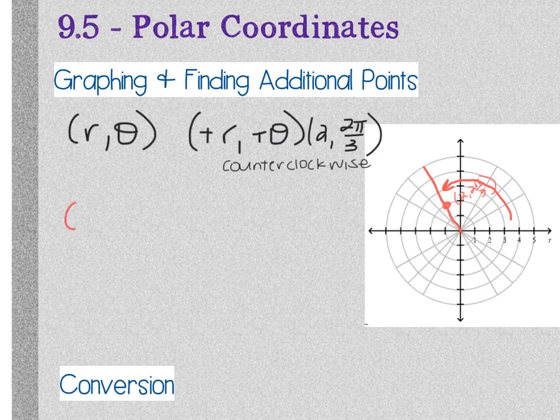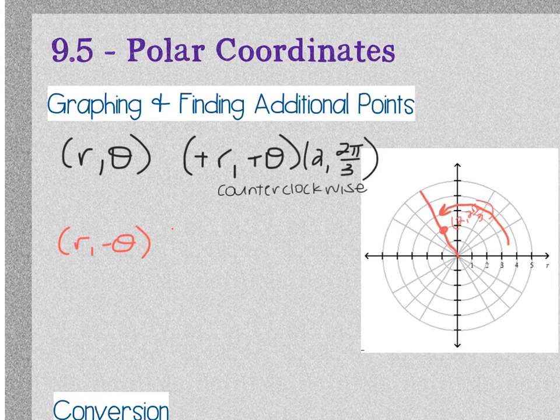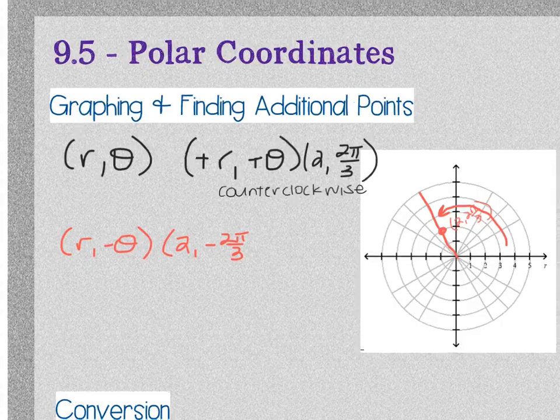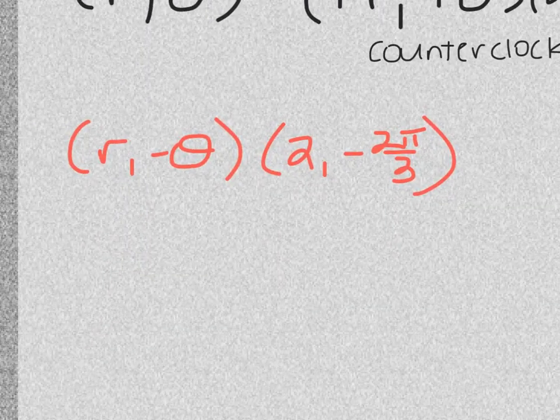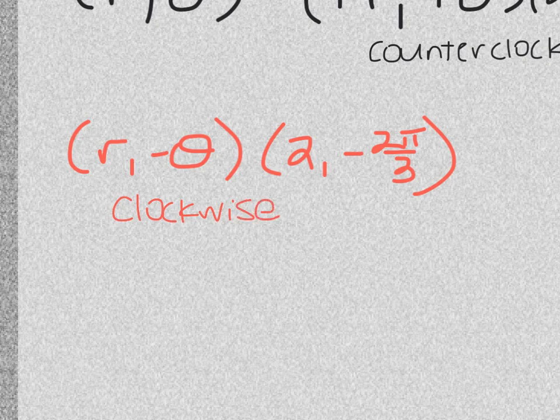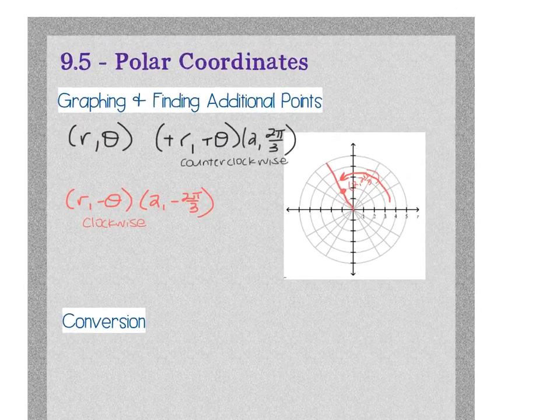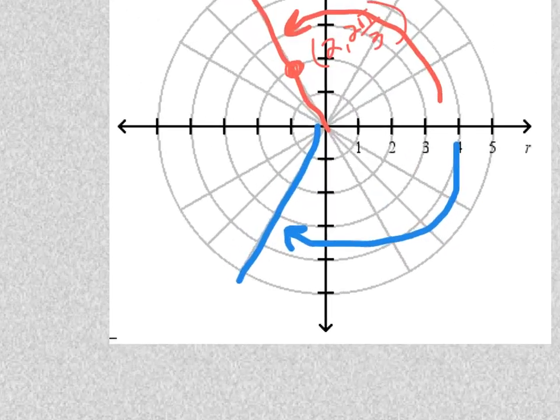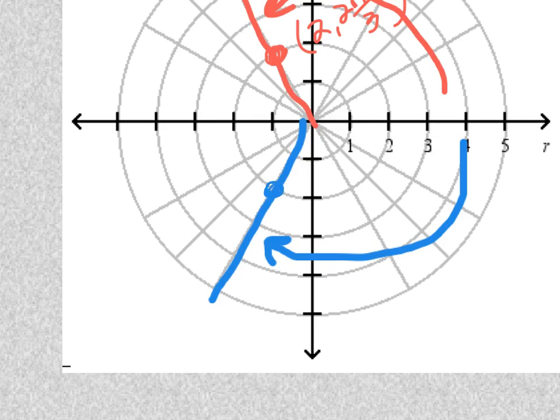If the r is positive but theta is negative, like negative 2 pi over 3, this time you move clockwise. So I would start at 0 and go to negative 2 pi over 3, which is actually that line, and then still work my way out to the second ring to plot my point.